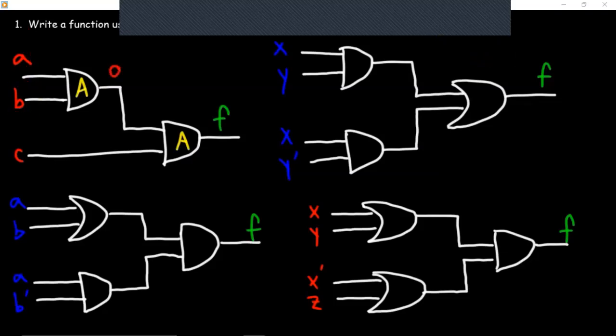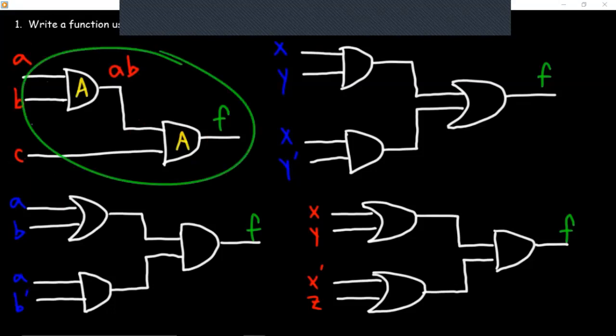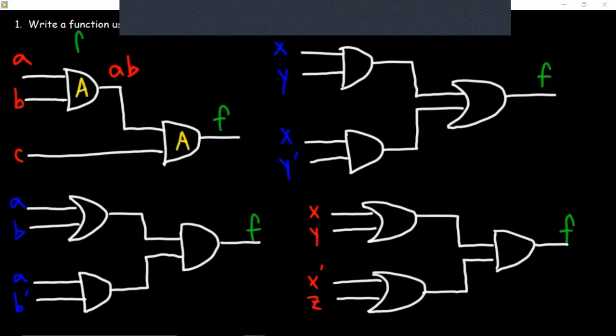So the output will be A times B. Now the second AND gate will take this input, which is AB, and multiply it by this input, which is C. So thus we could say that the output of this entire circuit, represented by function f, is going to be the product of A, B, and C. So this is the answer for the first one.